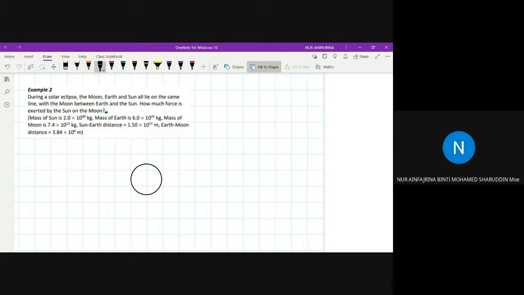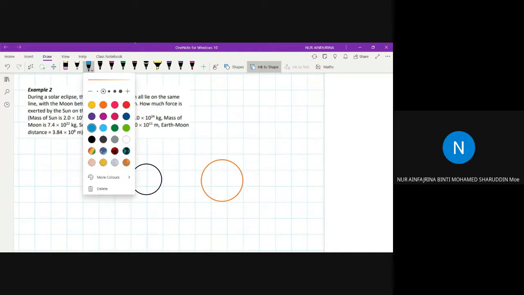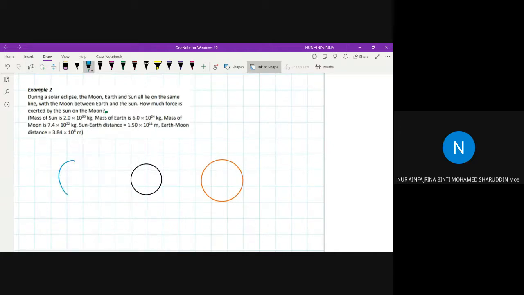Sebab apa? Sebab dia cakap moon, earth and sun semua berada dekat atas line yang sama. Cuma moon is between your earth and sun. Okay, kita draw dulu sun. So this is your sun. And then this is your moon. Earth. Okay, Earth.